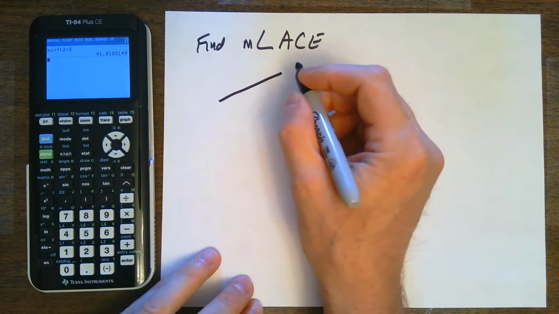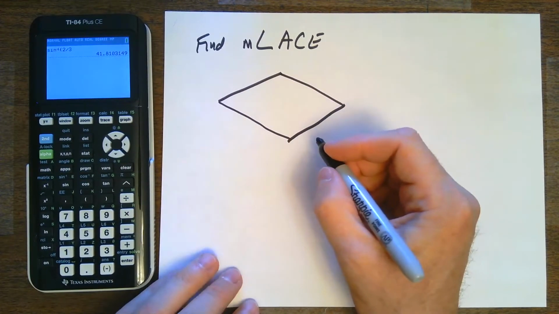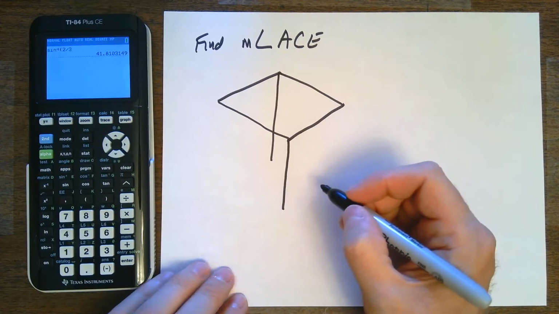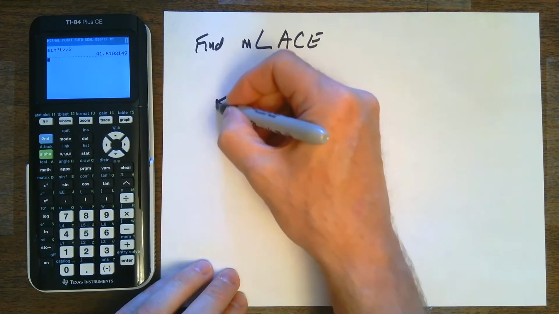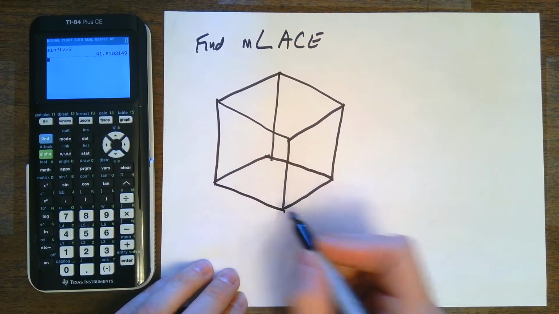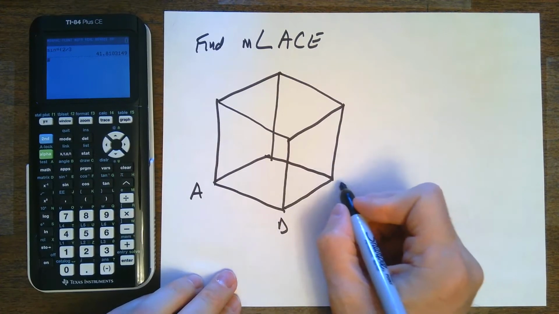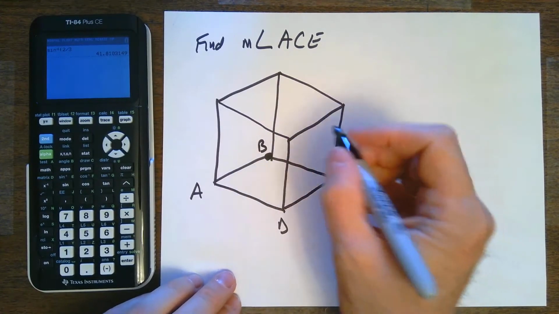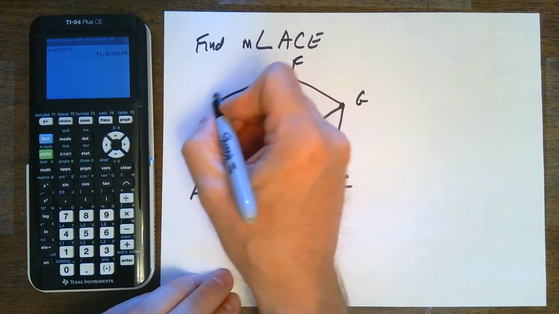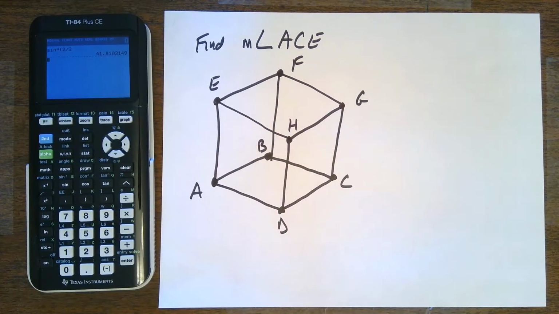I'm going to have top, and I'm going to have A, D, C, B, H, G, F, and E as my vertices in my box. So 3 dimensions. There it is, my 3-dimensional box.